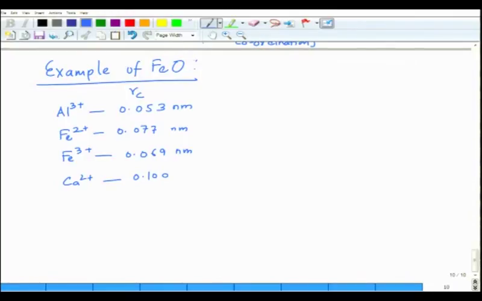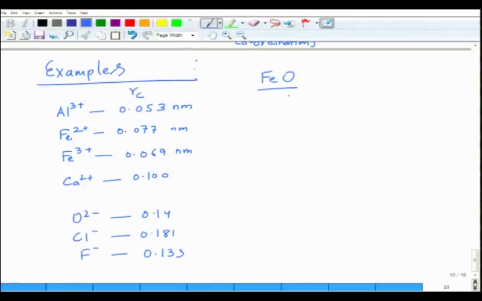These are just a few examples. And then various anions: oxygen has a radius of 0.14, chlorine has a radius of 0.181, and fluorine has a radius of 0.133.